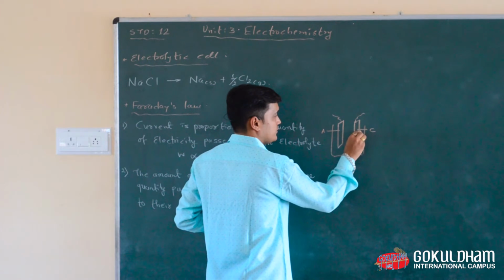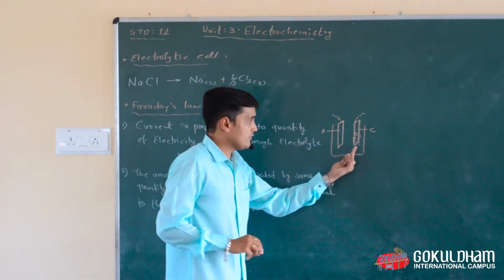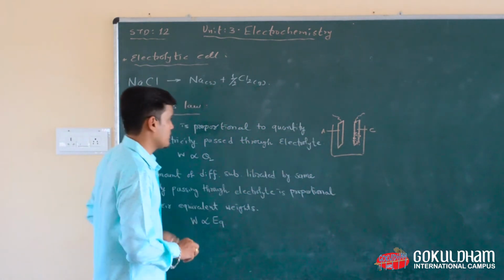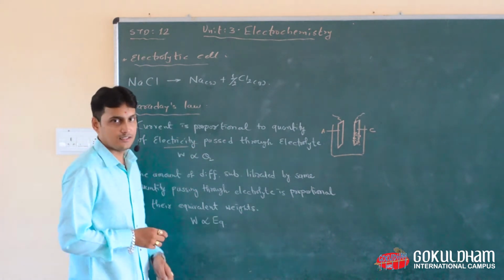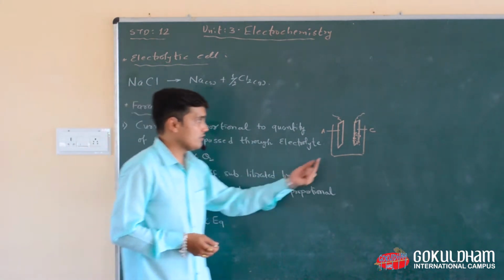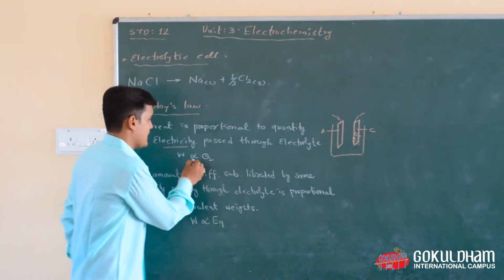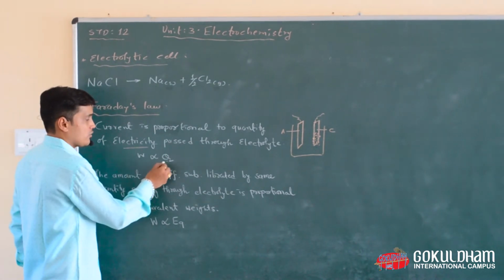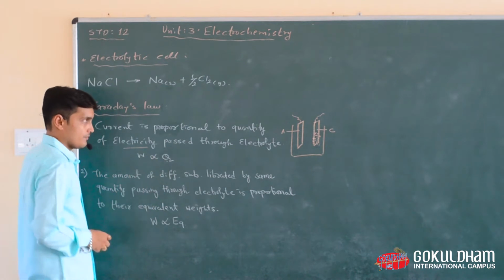Suppose this is the deposition of a product. The weight of this product is directly proportional to the quantity of electricity. So we can say that W is directly proportional to Q, where Q means quantity of electricity, denoted by capital Q.